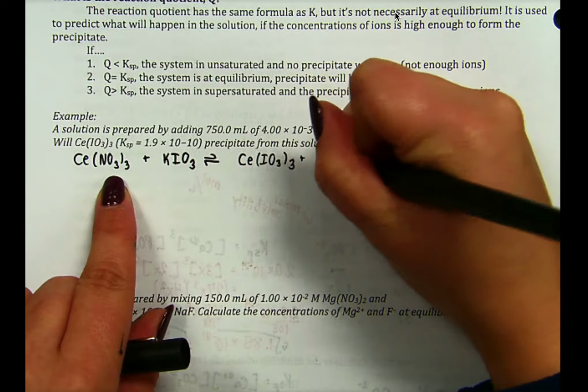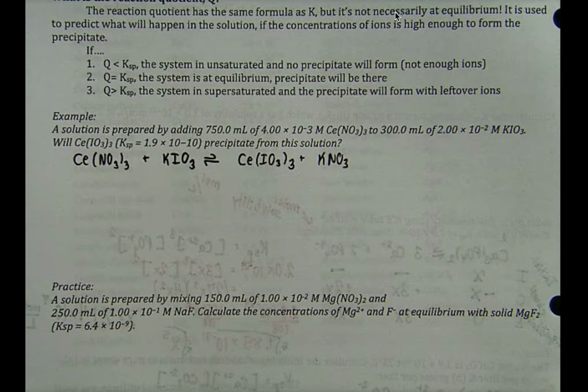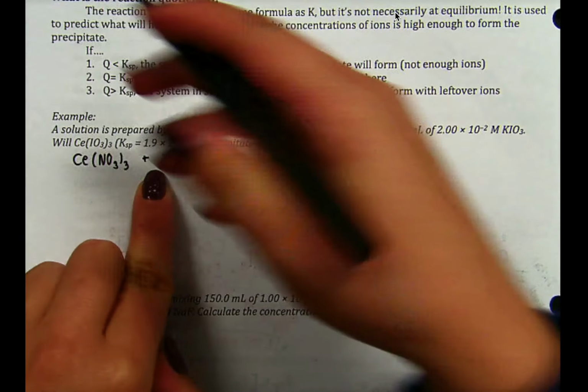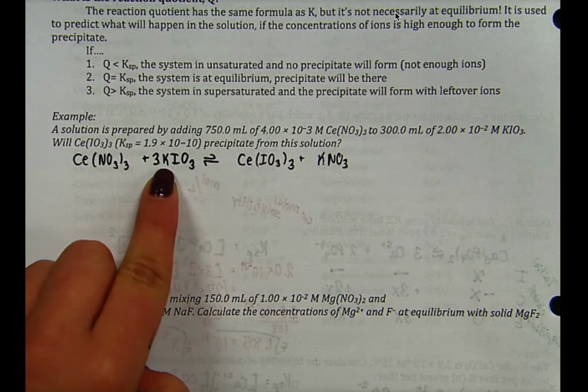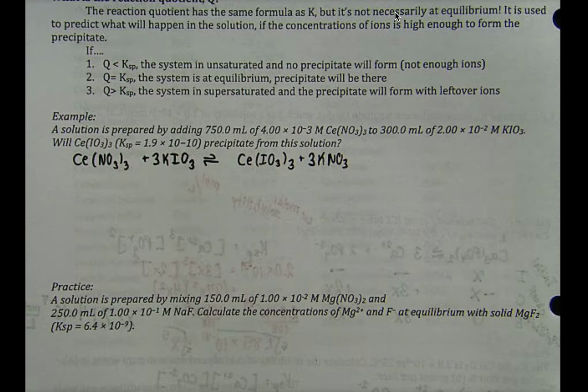And then we'll have some potassium nitrate, KNO3. Always a good idea to get in the habit of balancing your equations. So we have a 3 there, we're going to need a 3 there, but then we have 3 potassiums, which is cool because we have 3 nitrates. So we're going to get a 3 there.